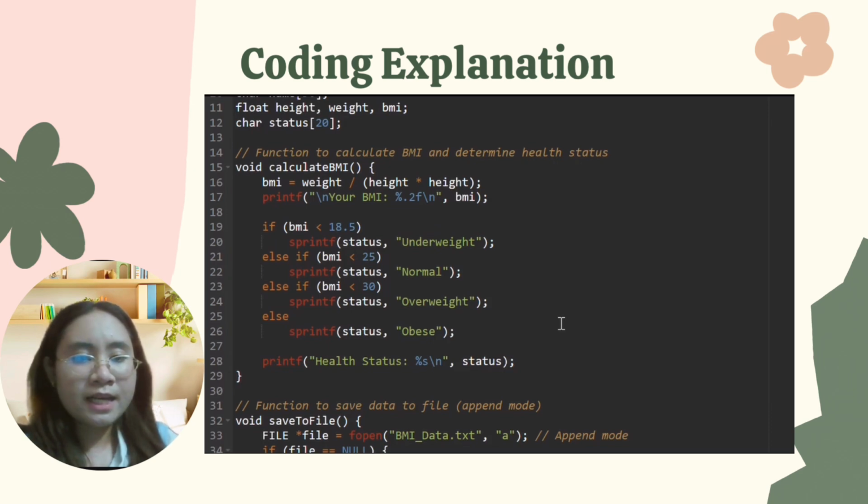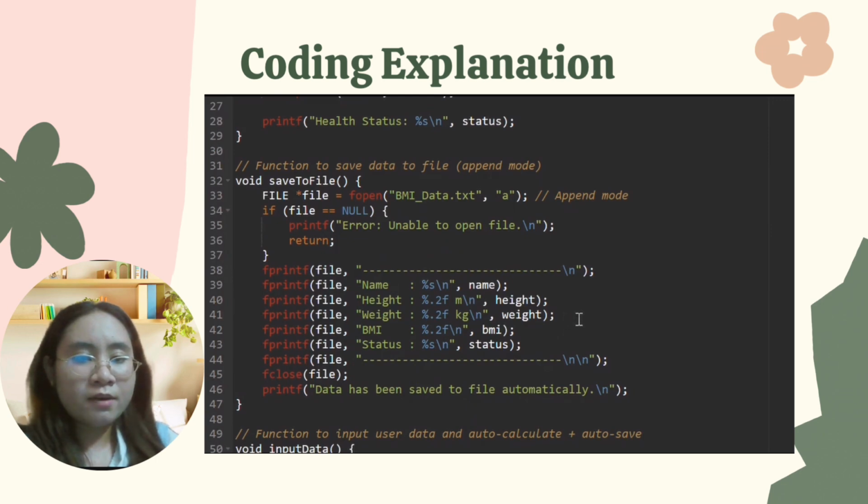For the file handling, we use fopen, fprintf, fclose, and fscanf. To save user data safely, we use fopen, fprintf, and fclose to save each user's BMI result into a text file.